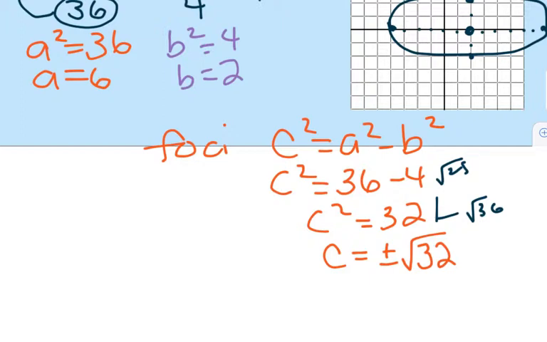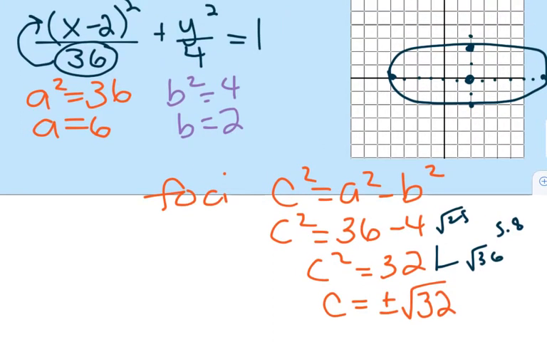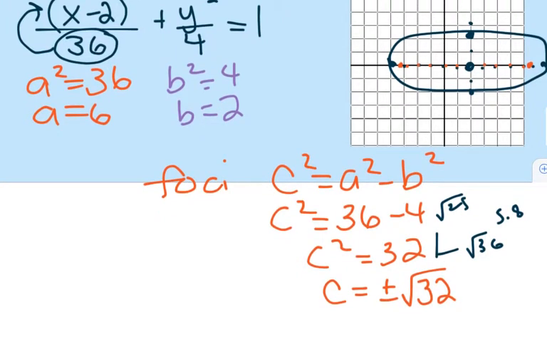So it'd be something like 5.8 or 5.6. So on my axis, I'm going to go over 1, 2, 3, 4, 5, and a little bit close to 6. And close to 6. And those would be where my foci are.